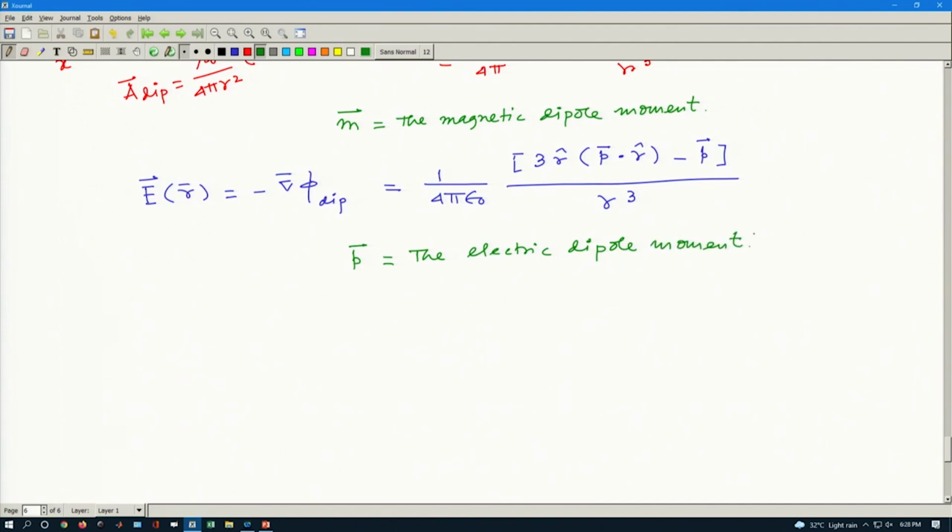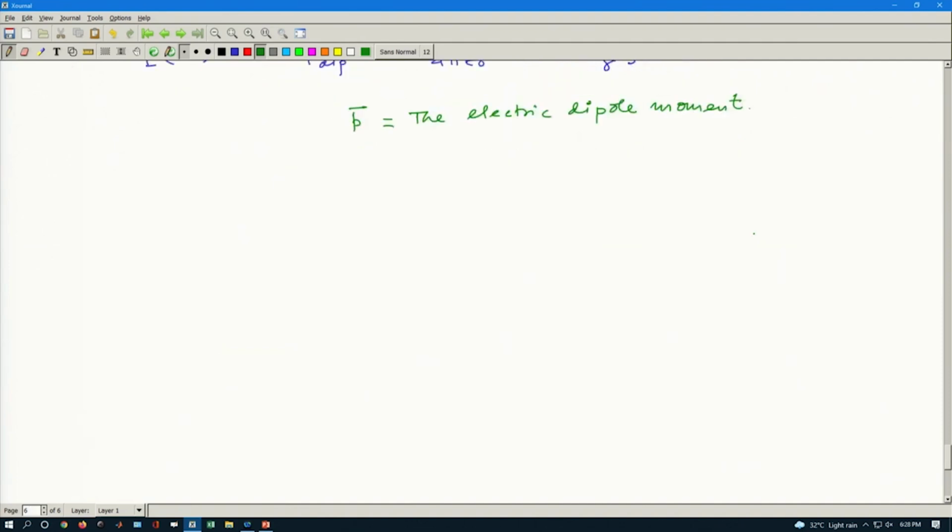Since the expressions are very similar, you should note that the expressions are almost identical.